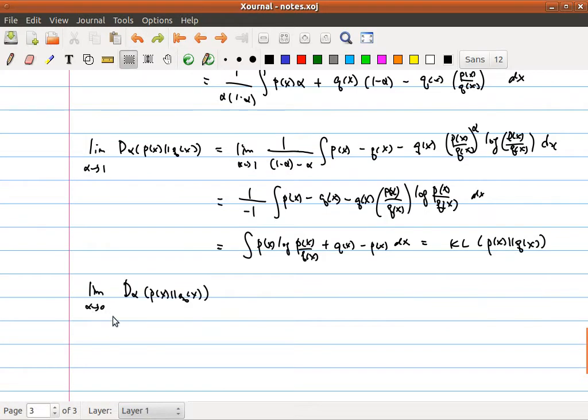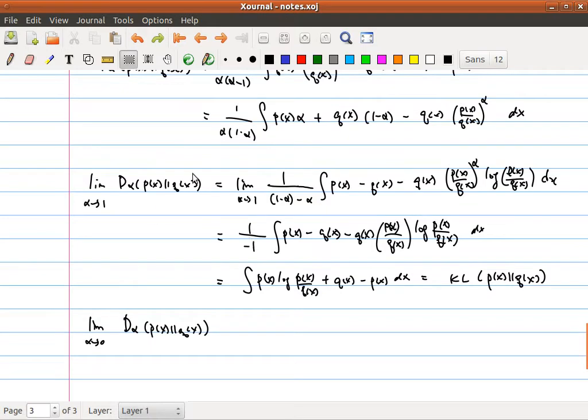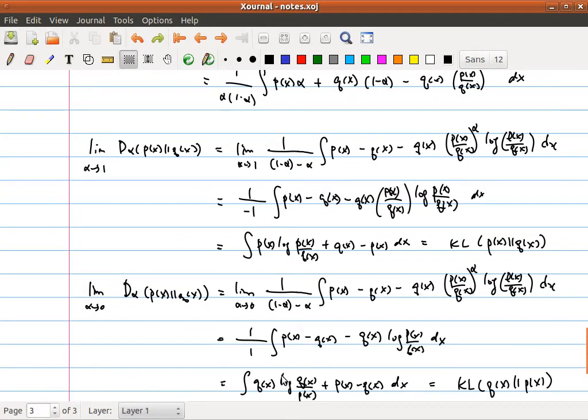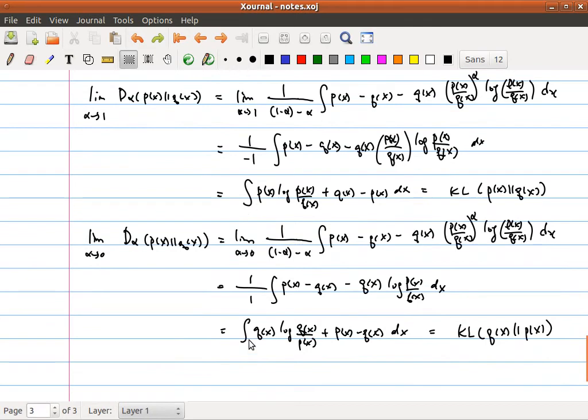Similarly, we can look at alpha equal to 0, and again this is not exactly defined, so we just have to take the limit and repeat the same procedure. If we substitute that, we get the term here, which is again an unnormalized KL divergence, but this time from q(x) to p(x).